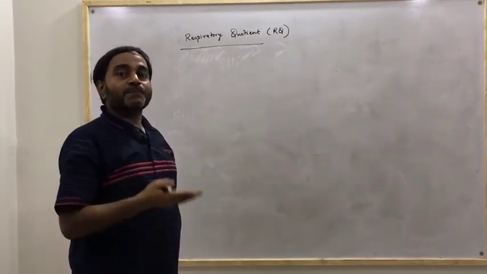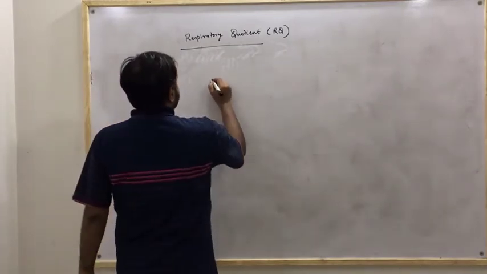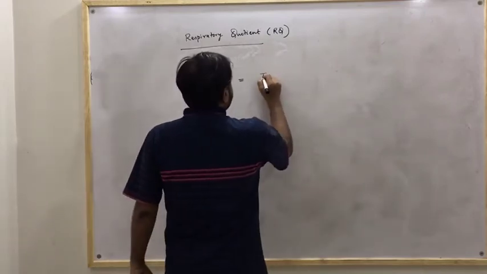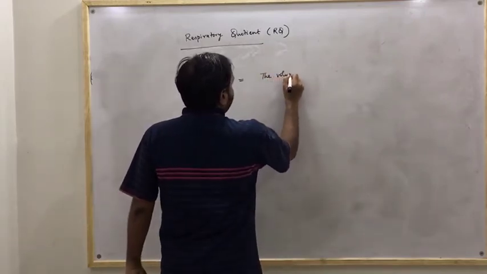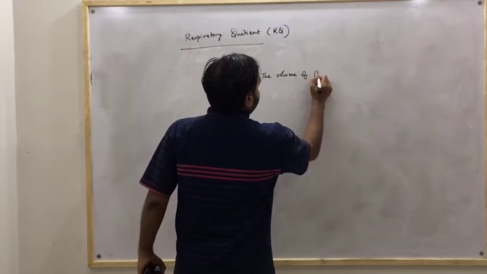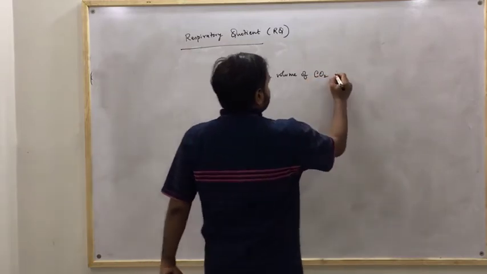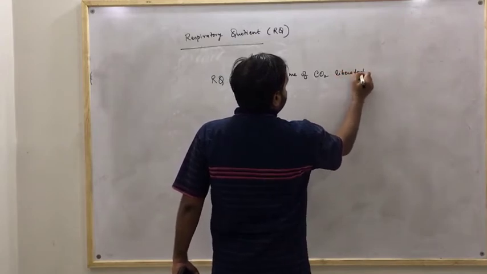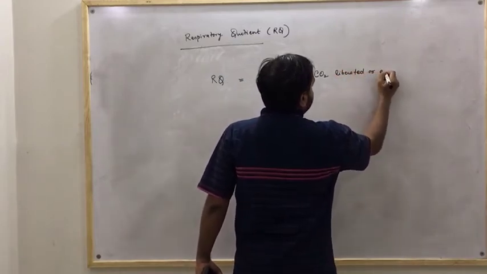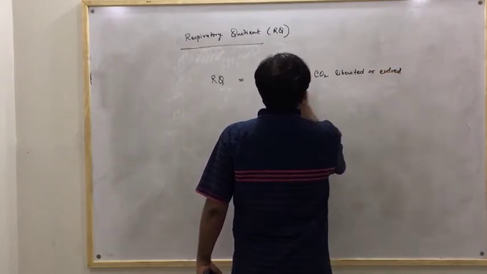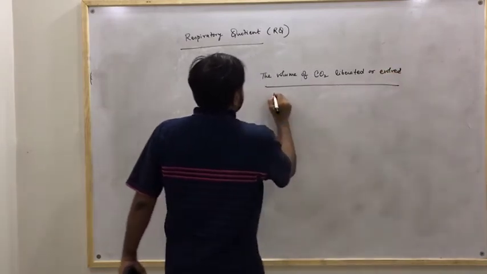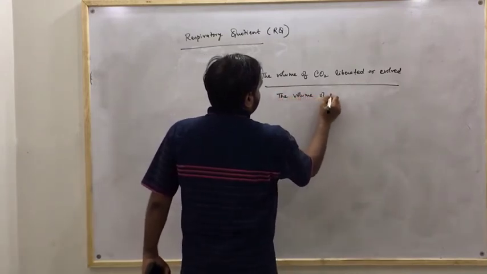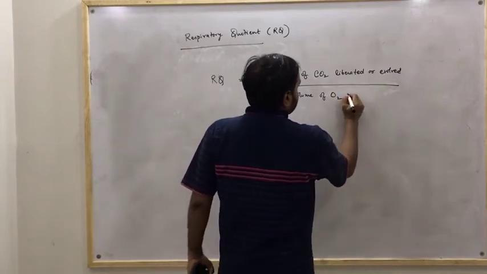So how will we present the respiratory coefficient? Respiratory coefficient or RQ value can be calculated by the volume of CO2 liberated or evolved, divided by the volume of oxygen consumed.